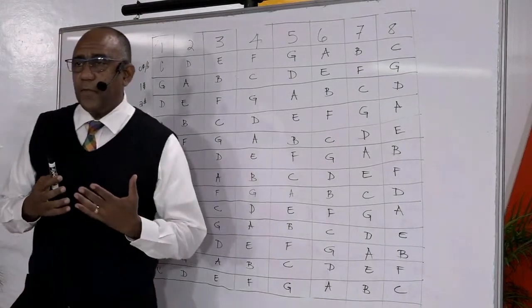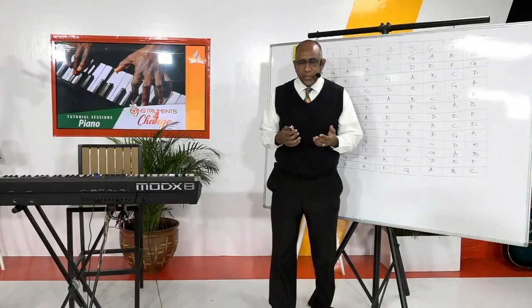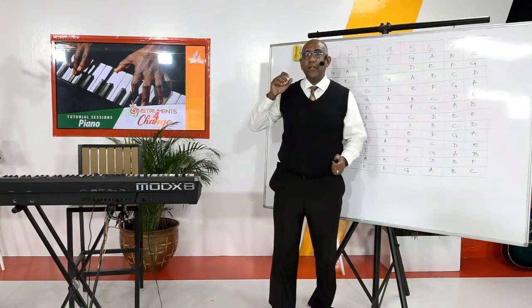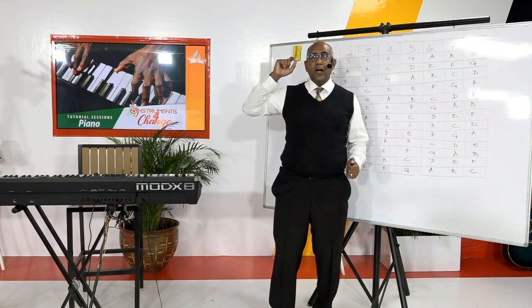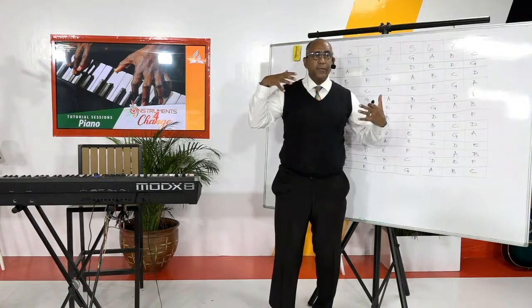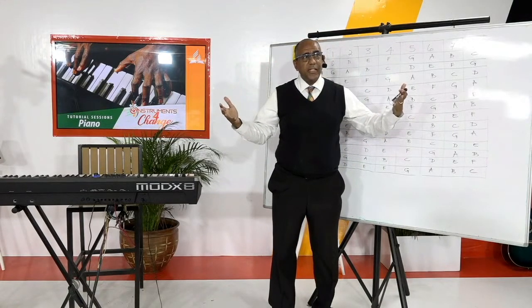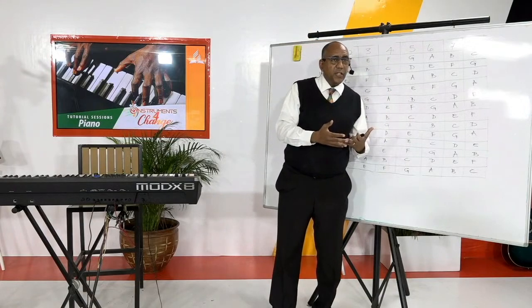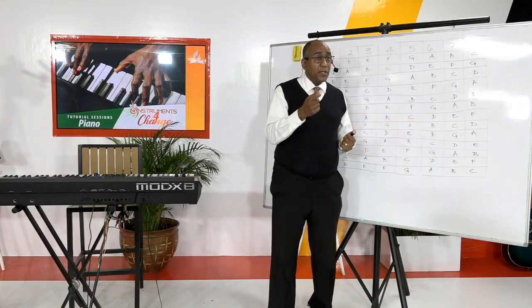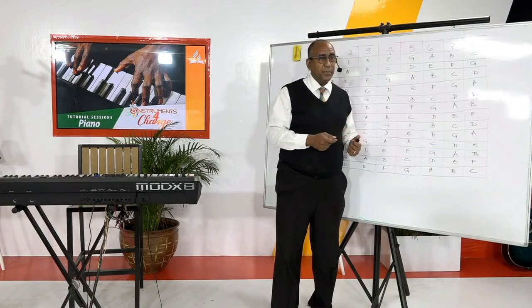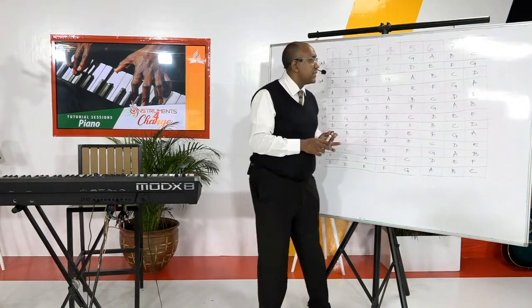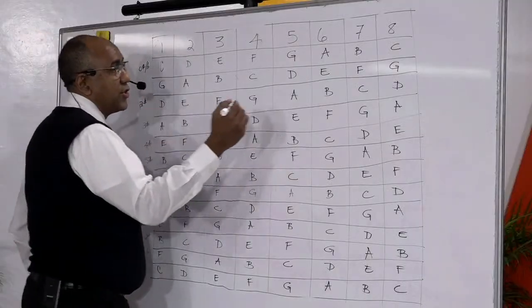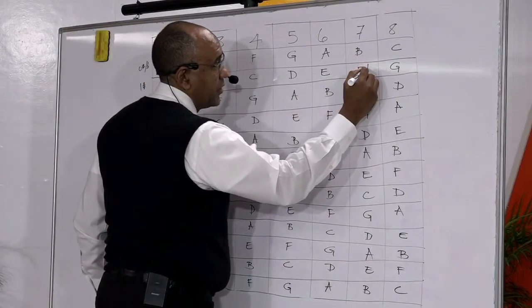Now, if you are playing with a band, some band members will tell you to play in the key of C or the key of G, but some will tell you 1 sharp. And when they say 1 sharp, that simply means you're playing in the key of G. So G has 1 sharp, which is F sharp.